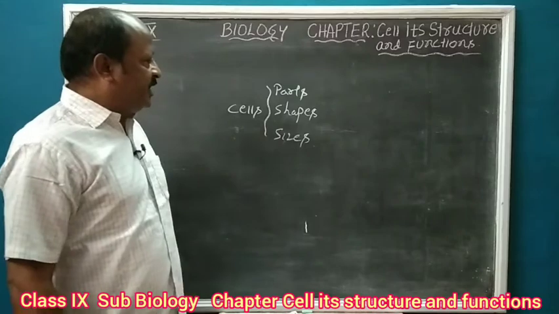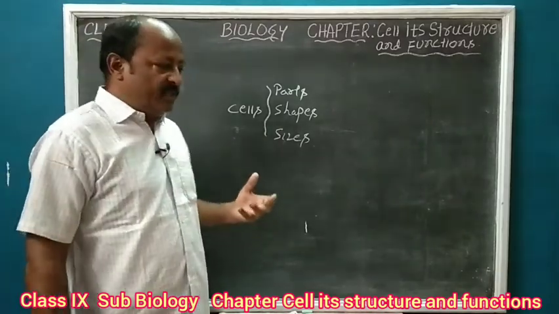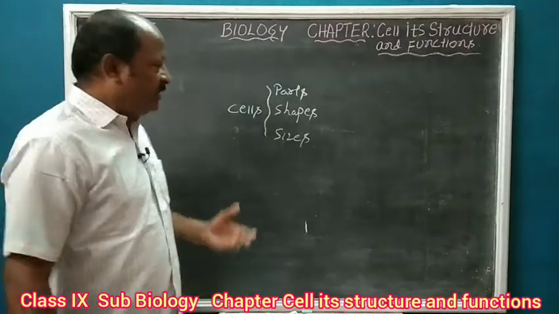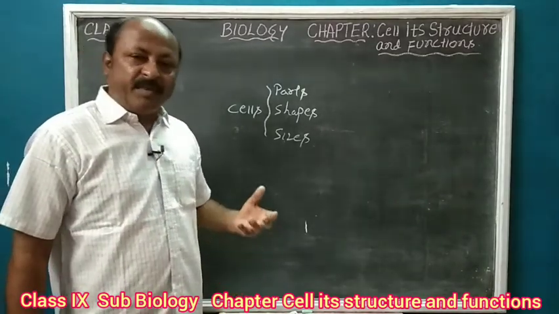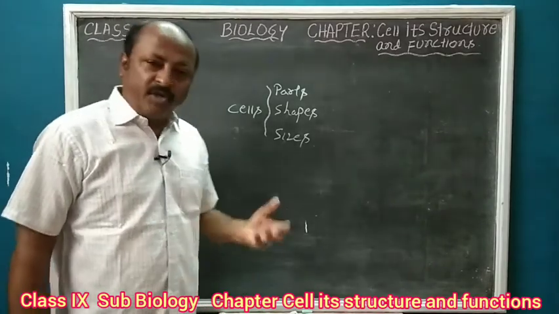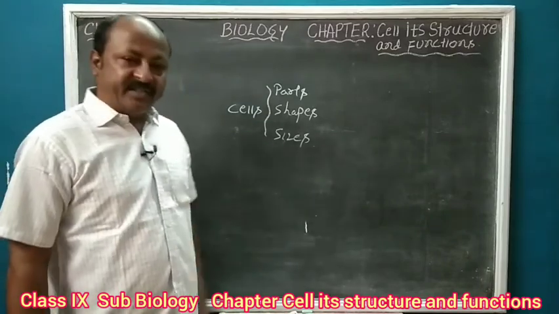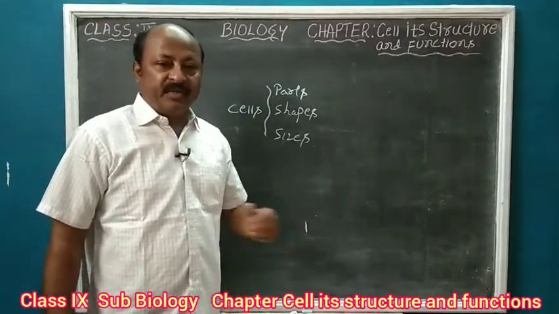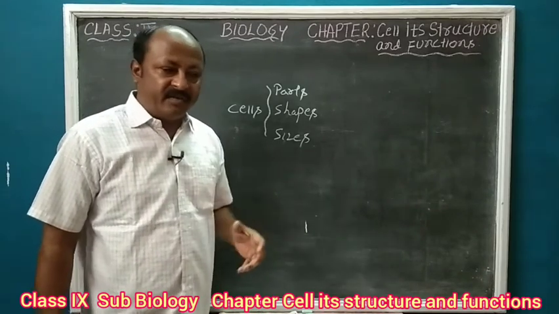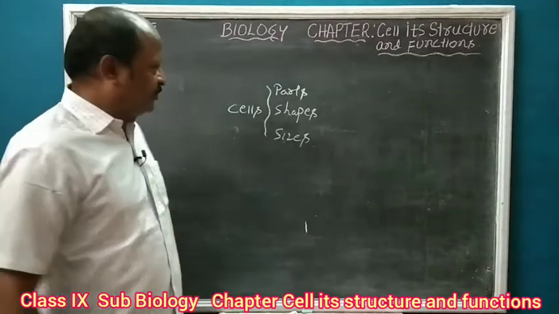Different cells present in different organs or different animals differ in their shapes. Some of them are circular, some are rectangular, some are cubical and so on. The sizes differ from organ to organ, organism to organism.